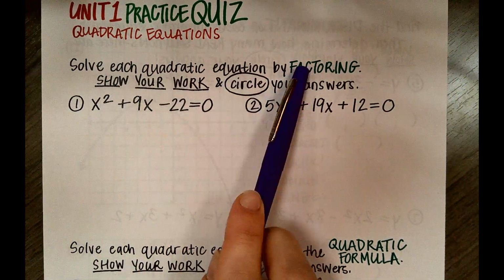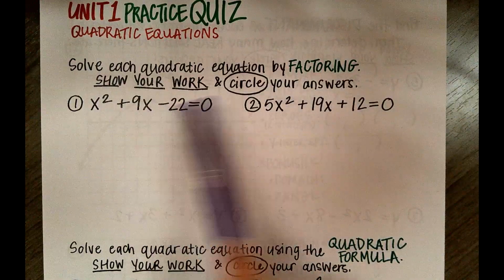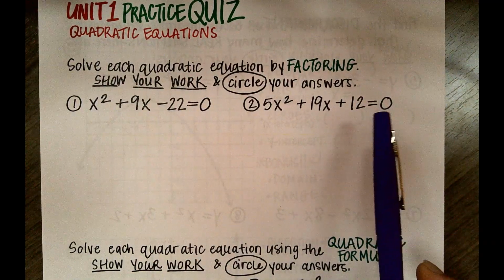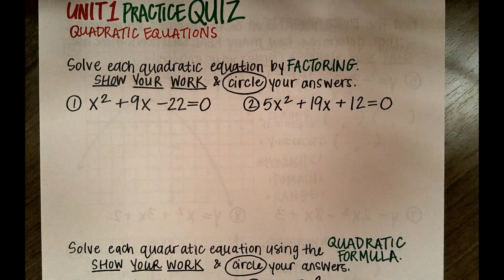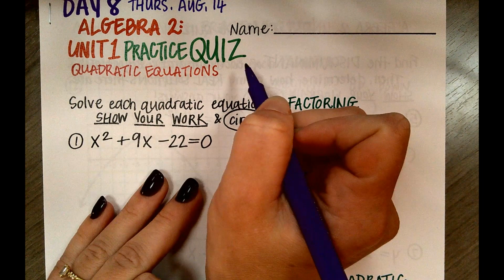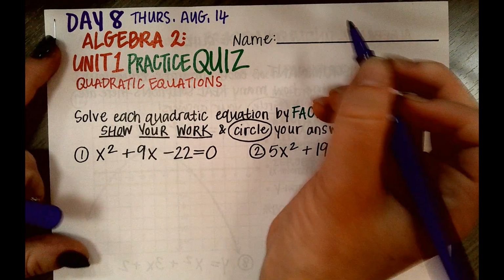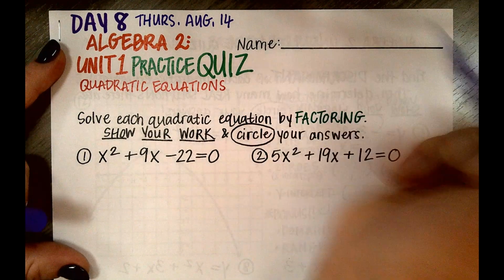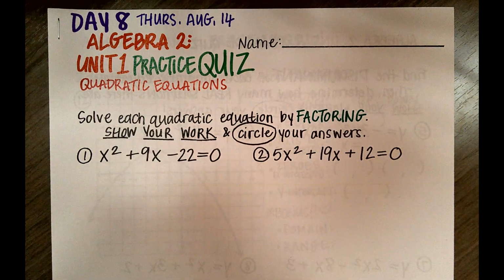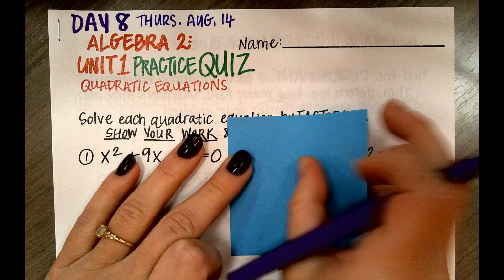So you do not have to factor, but I will show you how to do it by factoring if you want to. You just don't have to. I'll show both ways. So first, at the top of our page, let's go ahead and write some formulas. Or you know what, I'm going to put them on a sticky note to keep on this practice quiz so that we can move it around as we do different problems.